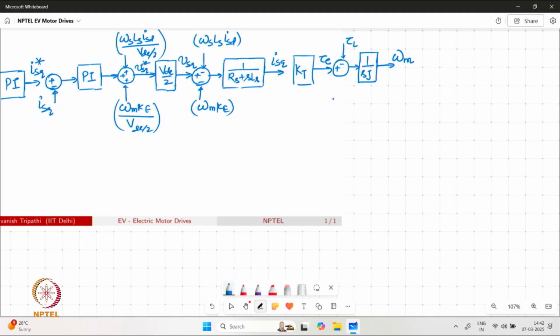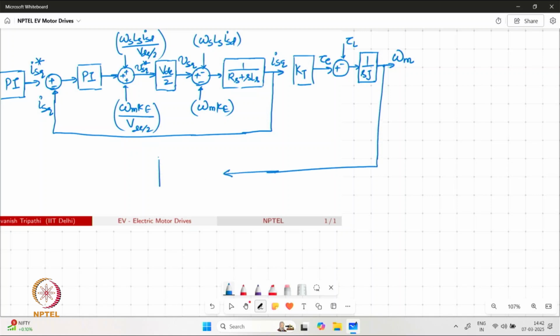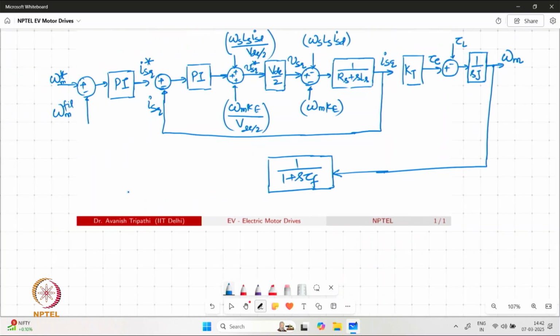Now what we have done is that we are taking feedback of the current and feedback of the mechanical speed. However, the speed feedback involves a low pass filter. We have first order filter where the structure can be taken as 1 divided by 1 plus tau f.